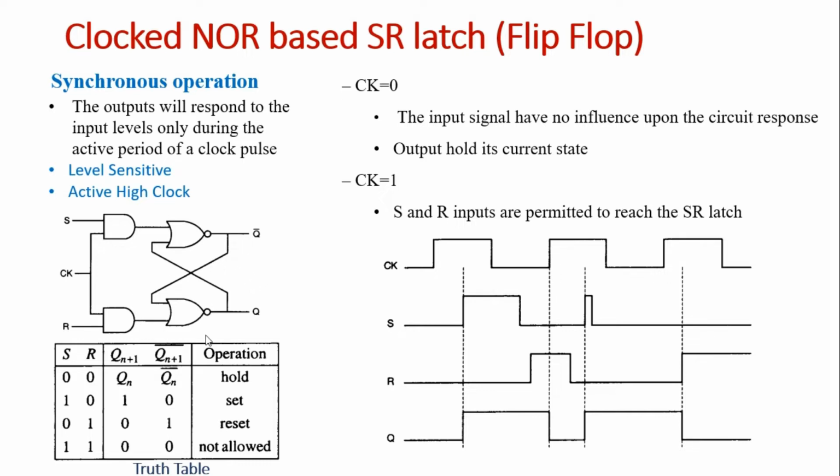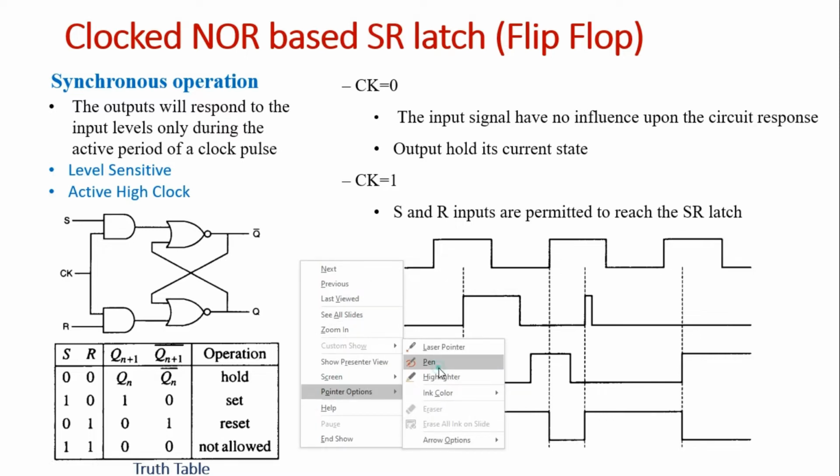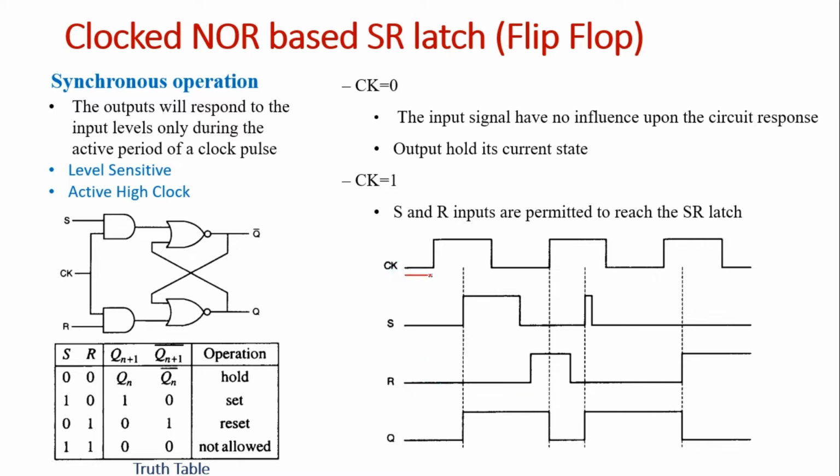Let us understand this with the help of this clock diagram. We have a clock signal over here. This is an active low and this is an active high. Whenever we have an active low signal, the input has no influence on the output.